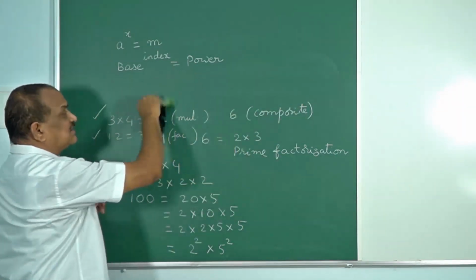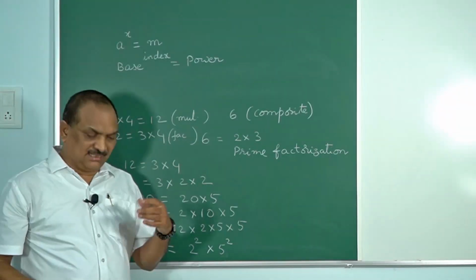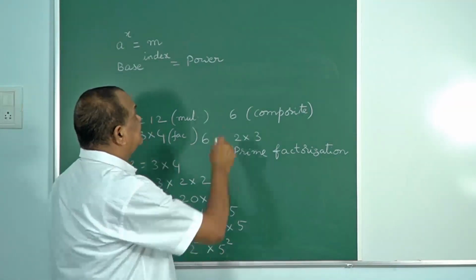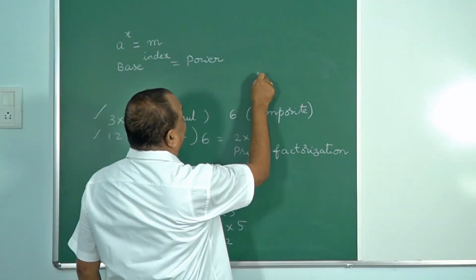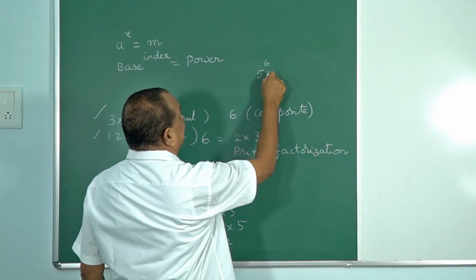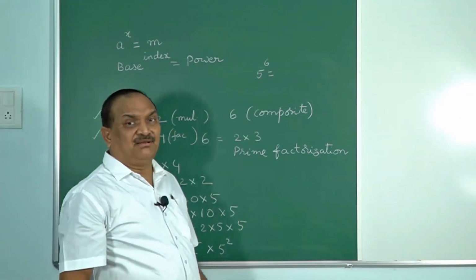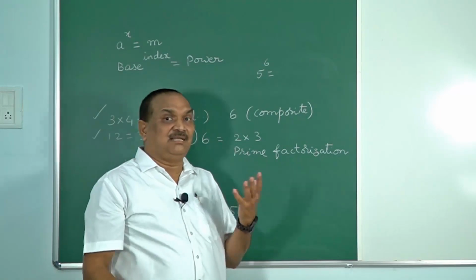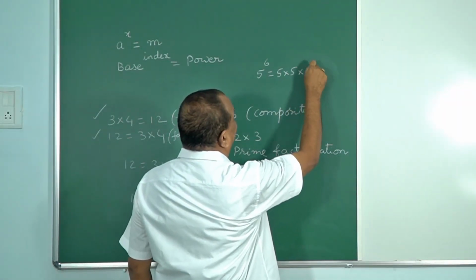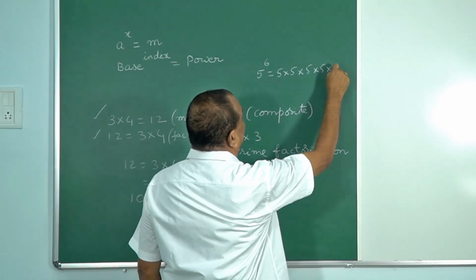Let us take a small power and see how exactly you can determine the value of that. Say you have 5, and 5 is multiplied, let us say, 6 times. This is not an easy operation, of course. 5 should be multiplied 6 times. I write 5 times 5 times 5, 6 times I have to multiply.